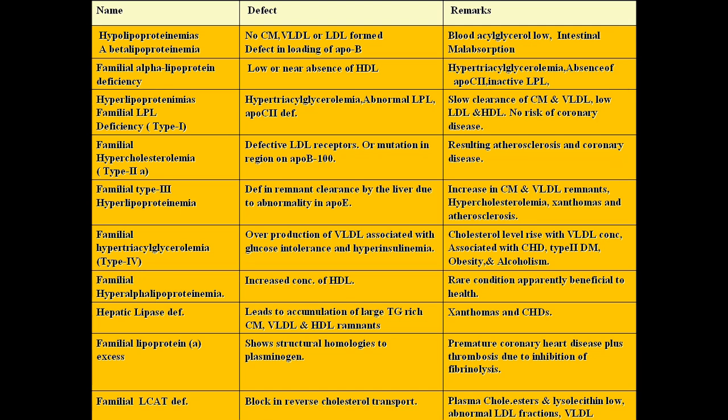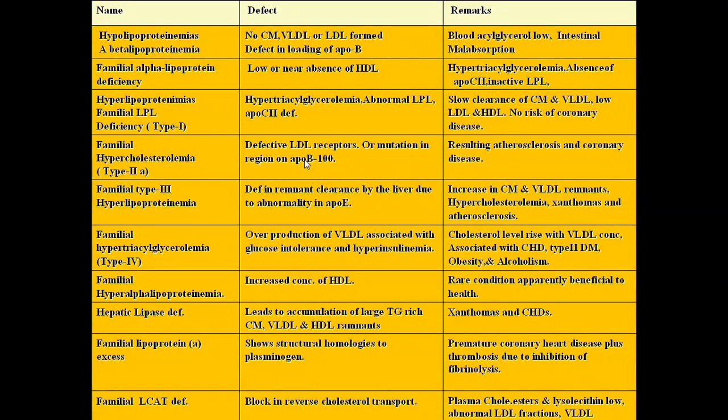Familial type 3 hyperlipoproteinemia: a defect in remnant clearance by the liver due to abnormality in ApoE. We know that ApoE acts as a ligand for internalization of chylomicron and VLDL remnants in hepatic cells.